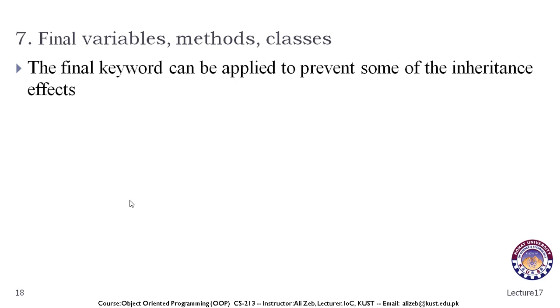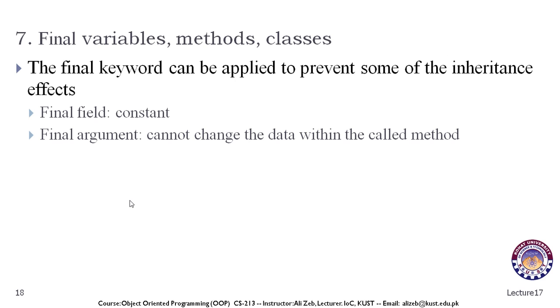Now there might be situations where we do not want to allow everything to be inherited by the subclasses. In that case, we can declare those fields as constant by using the final keyword.